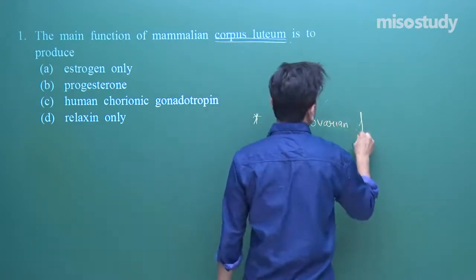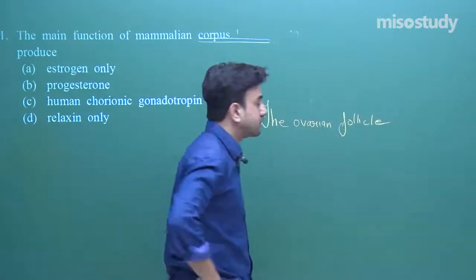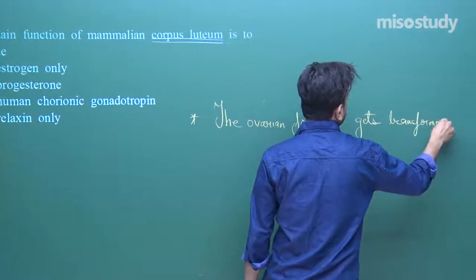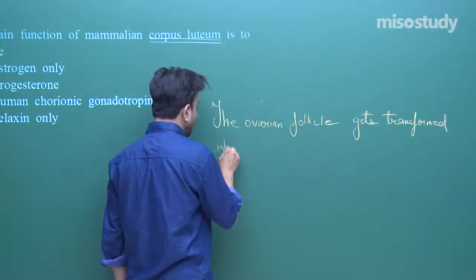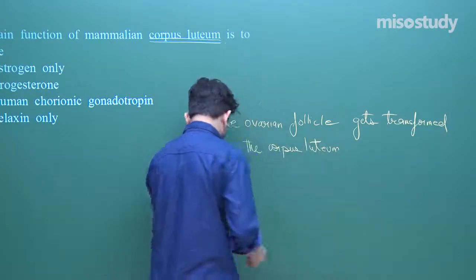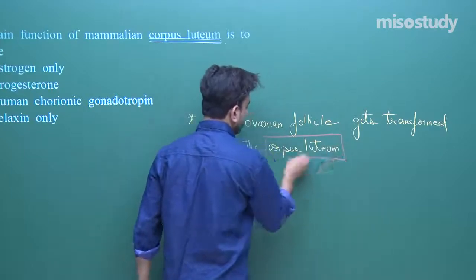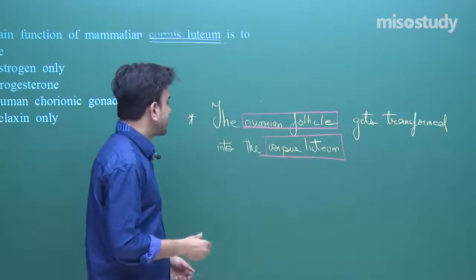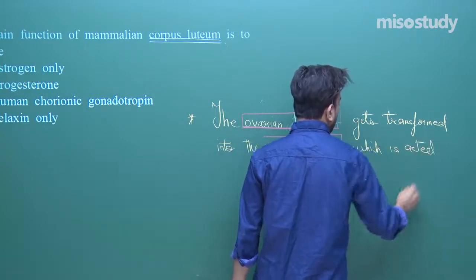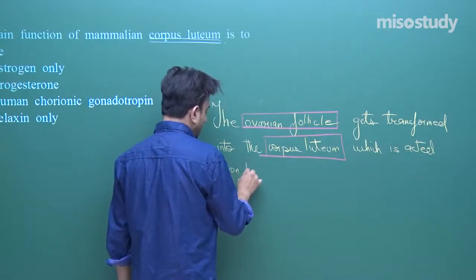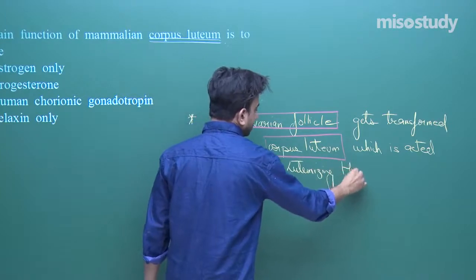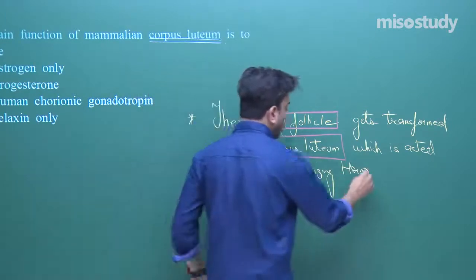The ovarian follicle gets transformed into the corpus luteum, which is acted upon by the luteinizing hormone.